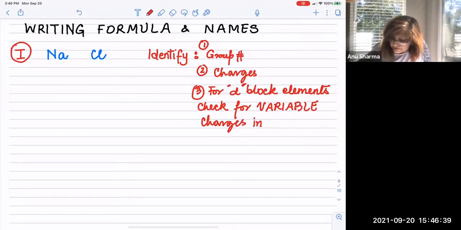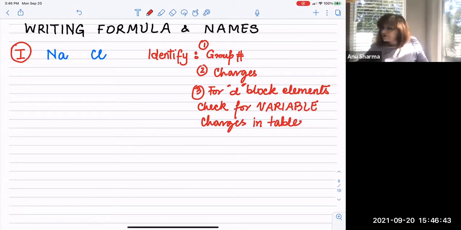And where are you going to check? In the table, in the handout. I have given you this handout, and you should actually have this printed out. In this handout, there is the table, table 6.5, on page 5.